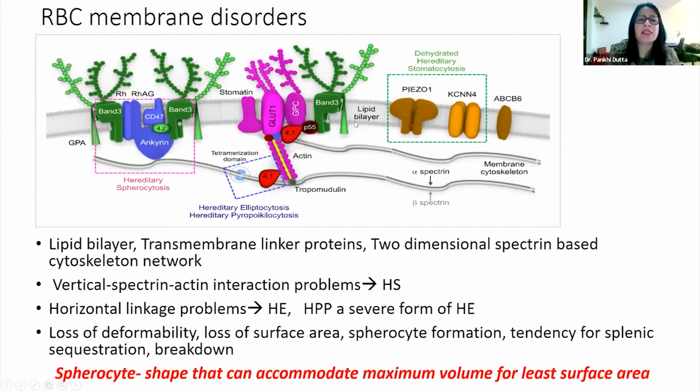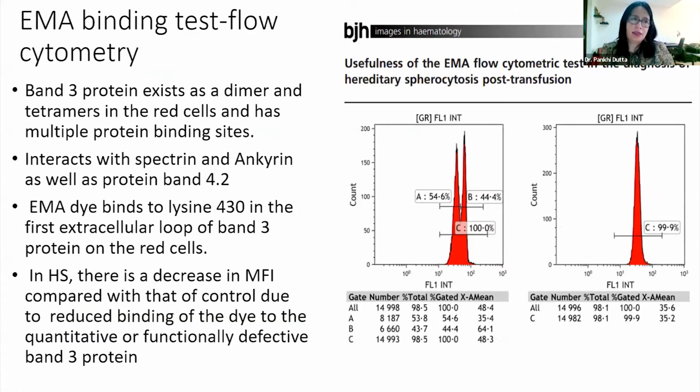So anywhere there's band 3 deficiency will be positive for the EMA binding test, because band 3 protein binds to the EMA, and that amount of binding will elicit fluorescence. So in hereditary spherocytosis, there would be a decrease in the mean fluorescence intensity. This is a flow cytometric based test.